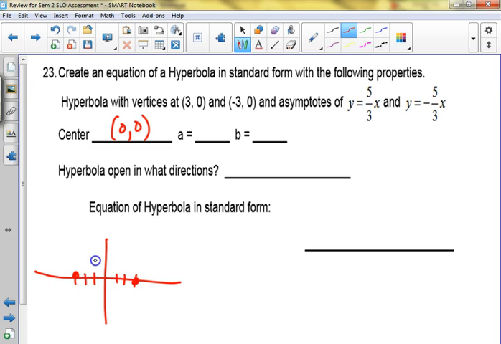Of the 2 points, okay? And which way is this opening? Left and right, because the vertices line up that way, right? Okay. Do we already know A? This distance is 2A, so A is 3. It opens in which direction? Left and right. Can we just write that?